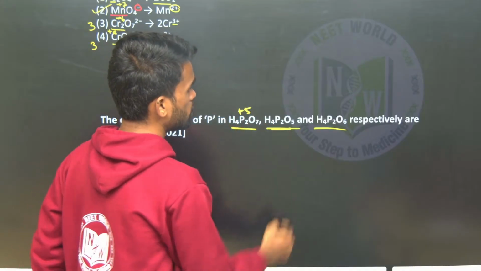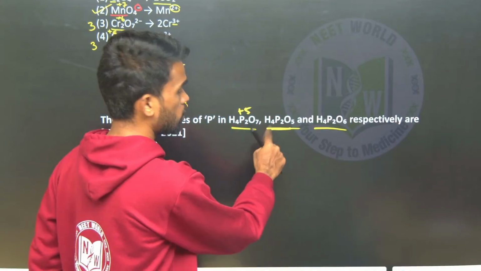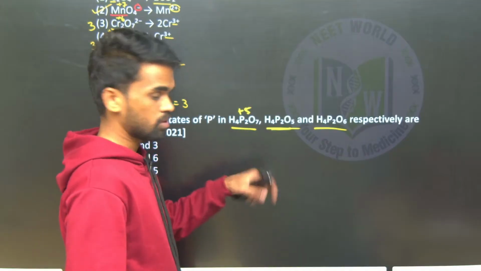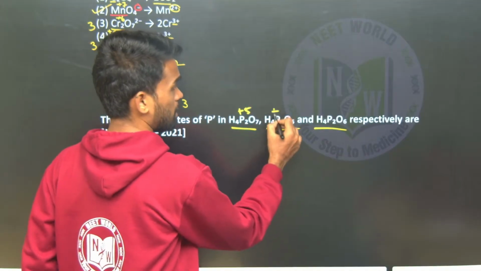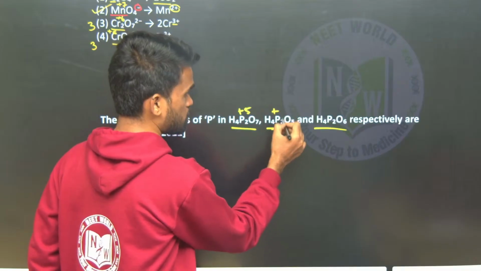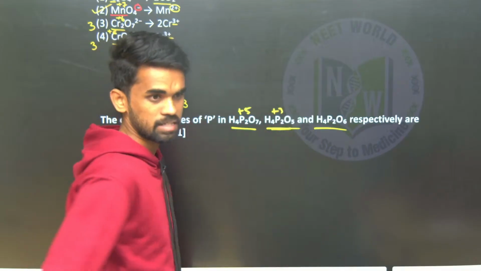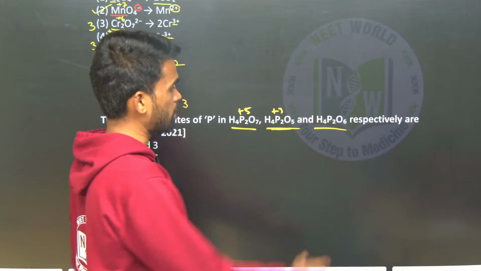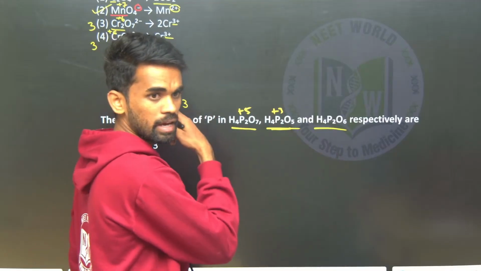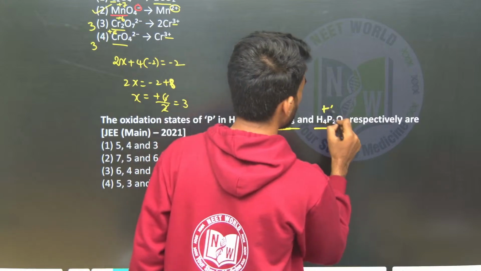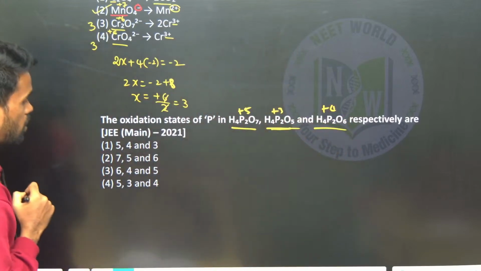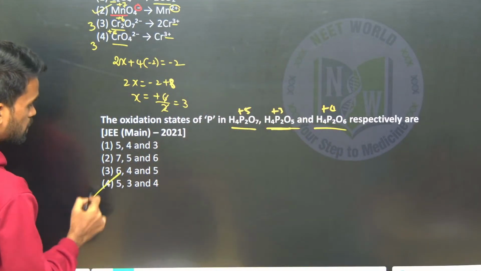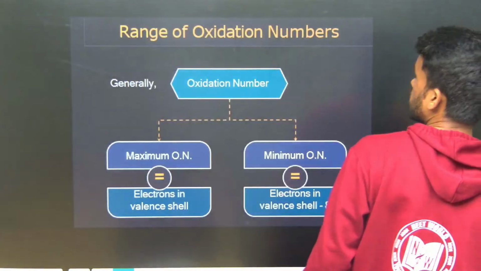Next, here also 5 minus 10, 4 are there, so +6, divide by 2 because 2 phosphorus are there, each one will be +3, that's it. Next, here 12 minus 4 is 8, 8 by 2 is 4, so +4 will be the oxidation state. So option 4 will be your perfect answer. Easy only, without pen and paper you can do these things.